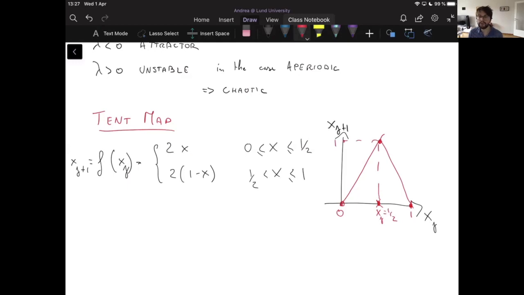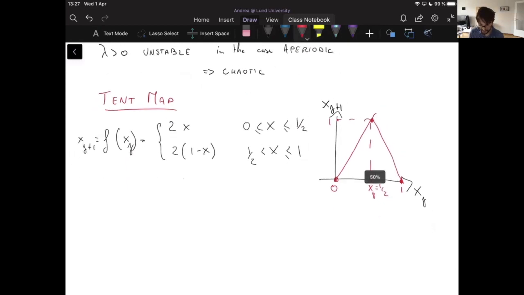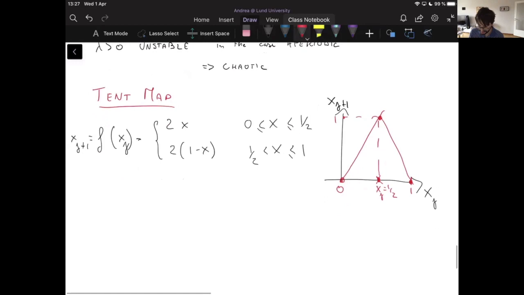This is an even simpler type of map compared to the logistic map, but it has the same features. If you remember, another thing that we used to do is to draw the line where x_{j+1} is equal to x_j, and this helps us in seeing what happens.